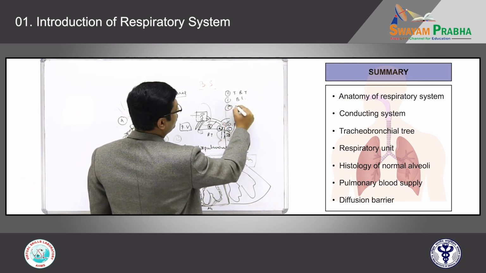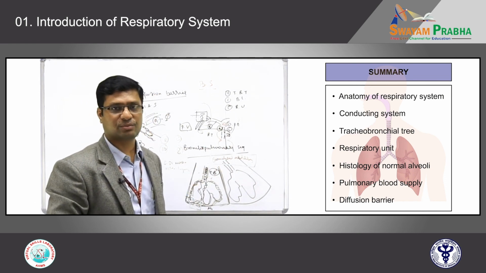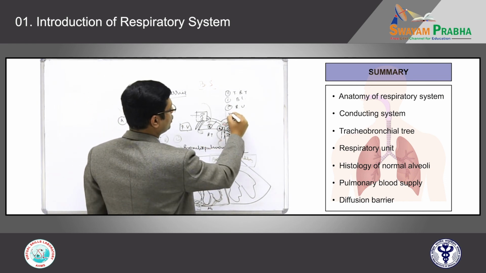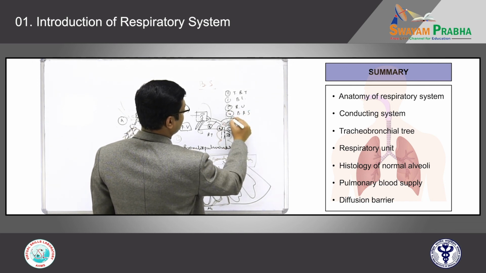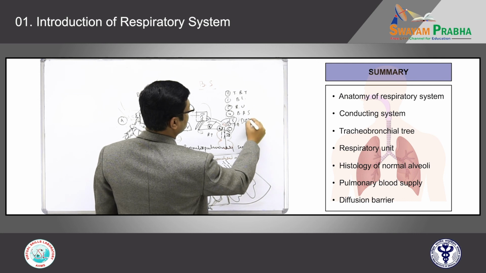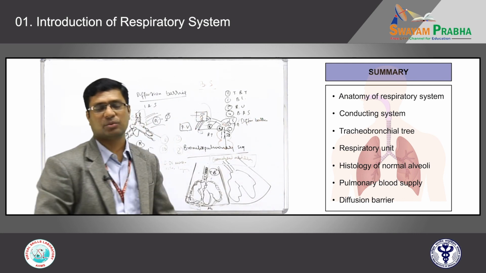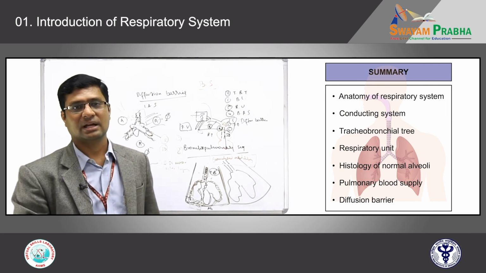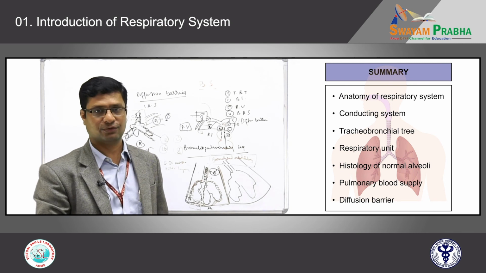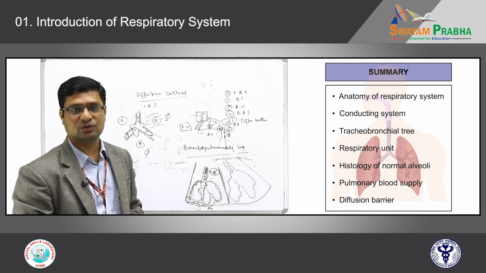We spoke about the respiratory unit, what exactly the components of the respiratory unit are, and the bronchopulmonary segment, and finally the alveoli and the diffusion barrier. These terminologies all of you should be aware of and thorough with to understand the actual pathology in future classes. These are the features we highlighted in today's lecture.